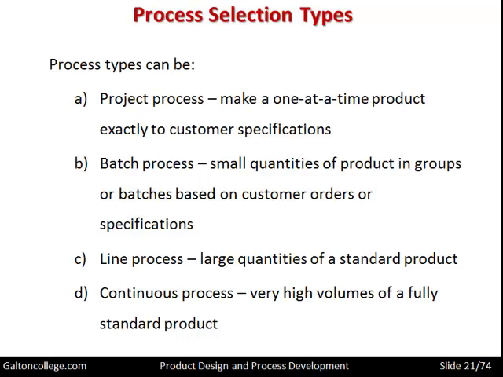So very high volumes. As I said, the raw materials go in one end, the product comes off the other, and all the functions that are required are done, most of them done automatically. The machines are customized to do this. They are perhaps programmed and computer controlled and very technical. But it means that production is continuous. So we have different types of processes we can imagine. Project process, batch, line, and continuous.